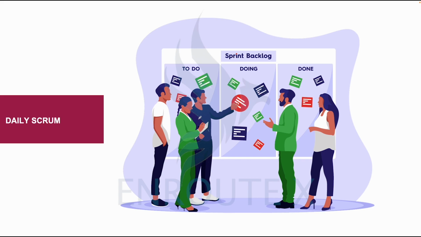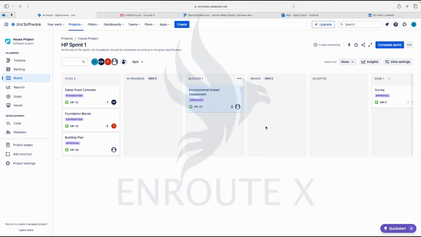It must be kept under 15 minutes. It must be focused on the work items that need to be done, what has been done, and not technical meetings or technical details.